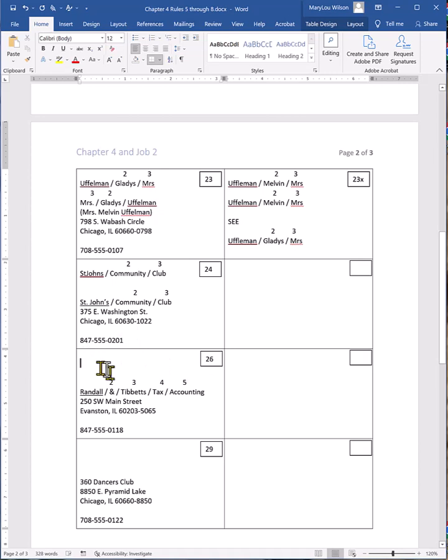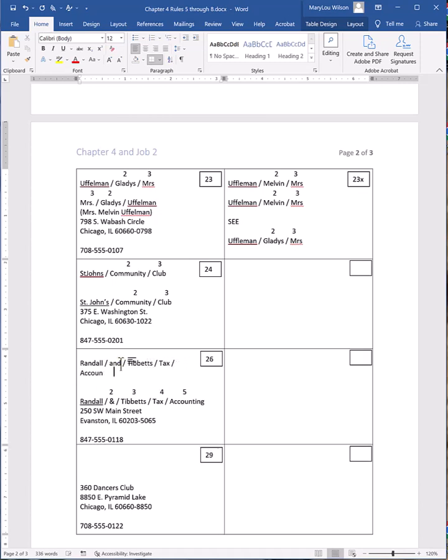So if we rewrite that in correct coded order, it becomes Randall and Tibbetts, tax, accounting. Well, blew that. But anyway, we'll get this here. Randall is underlined. I know what I can do.